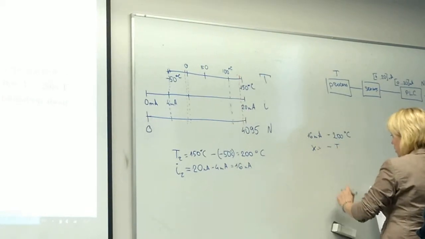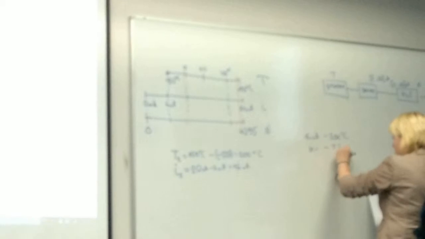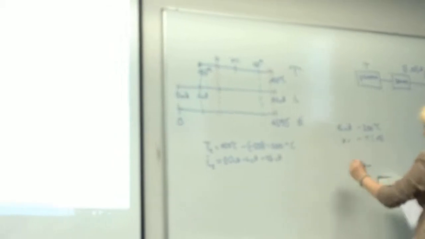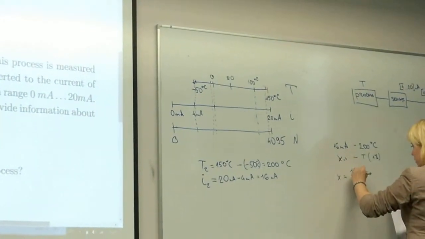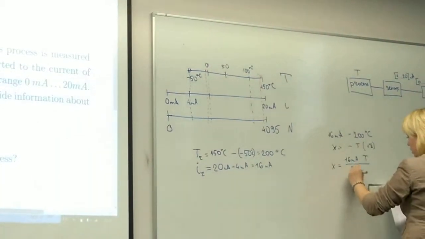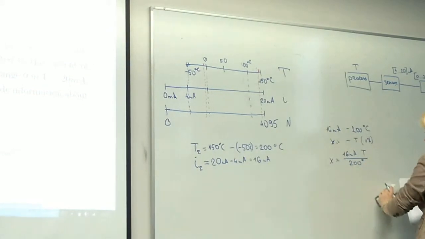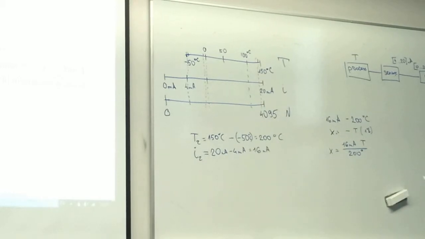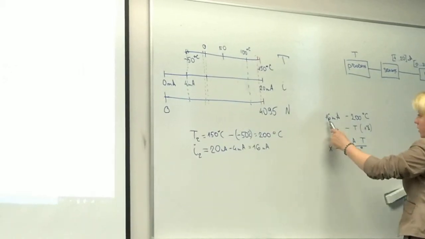For example, 1 degree Celsius. In order to find x, we should multiply 16 milliamperes by the temperature and divide it by 200.